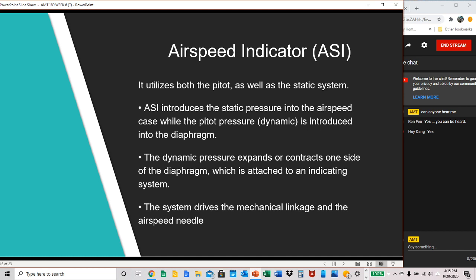I believe at some point we also watched a little video on this, might have been when we were going over the operating devices within the instrument, showing how this works: the expansion of one side of the diaphragm and the moving of the mechanical linkage.